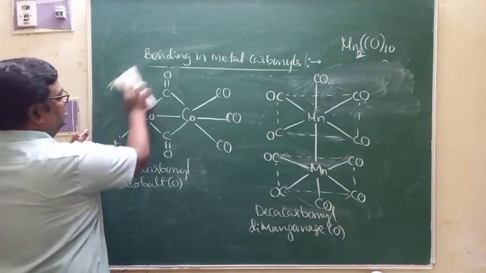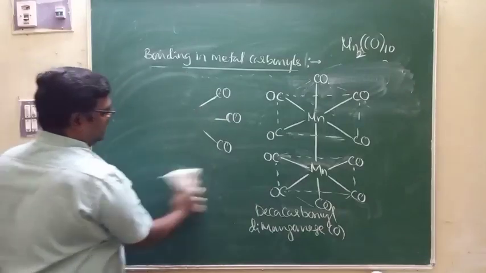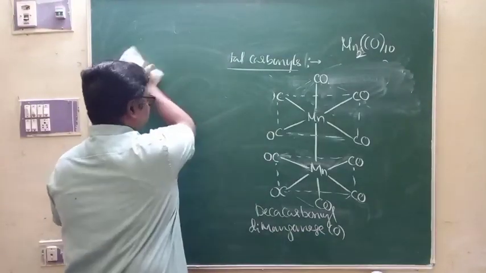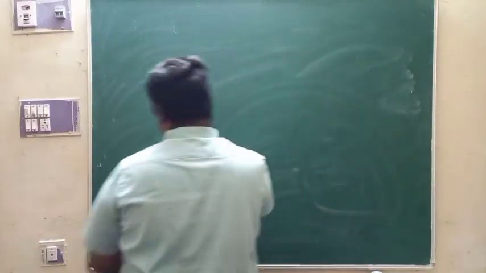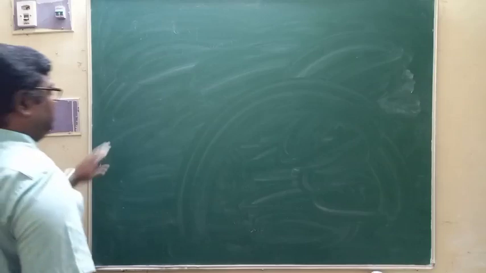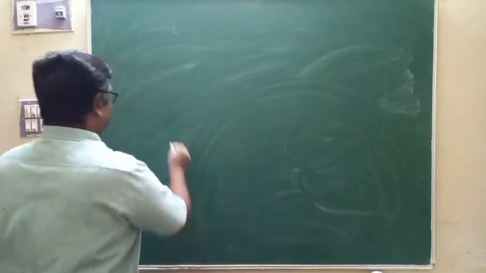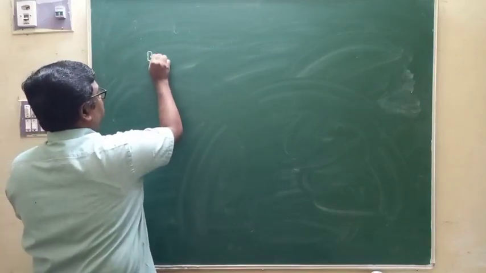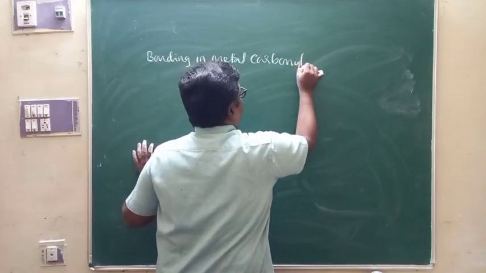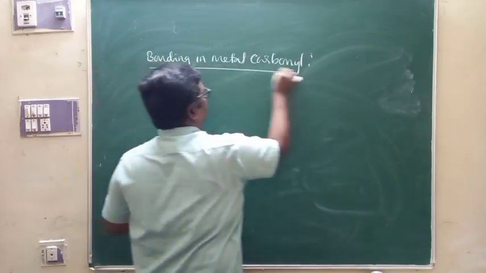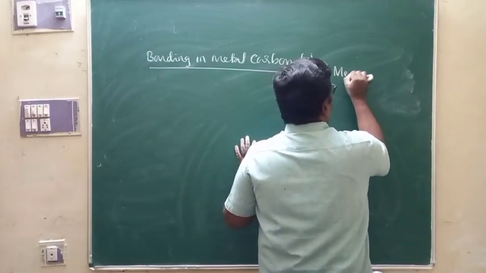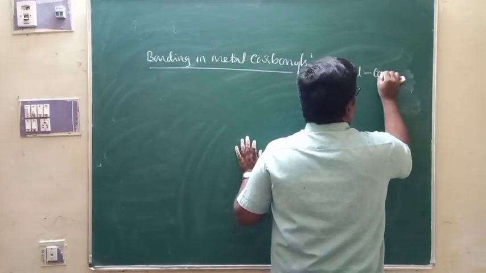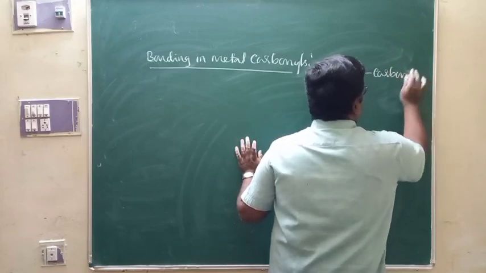Now let us see the next topic as far as your NCERT textbook is concerned, that is bonding in metal carbonyls. I will make use of molecular orbital theory in order to explain the bonding there. In the case of metal carbonyls, there is a metal to carbon bond.